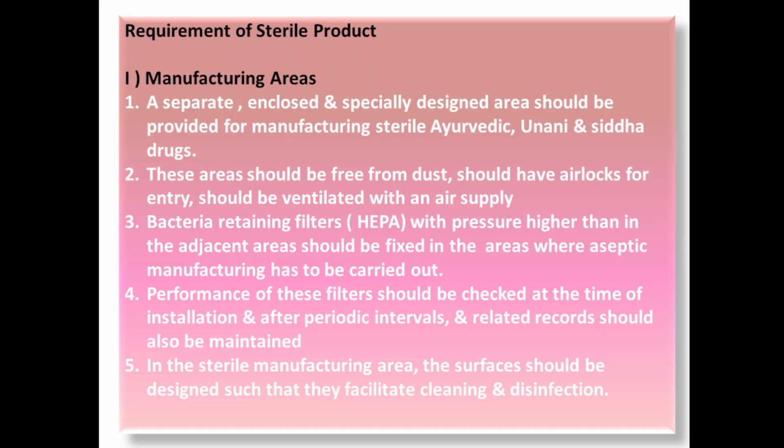A higher pressure than the adjacent area should be fixed in the areas where aseptic manufacturing has to be carried out. The performance of these filters should be checked at the time of installation and after periodic intervals, and the related record should also be maintained.